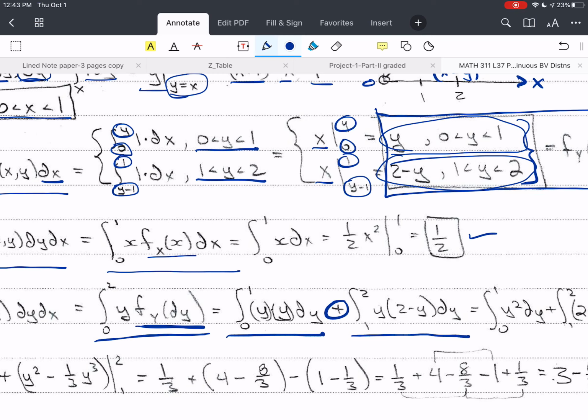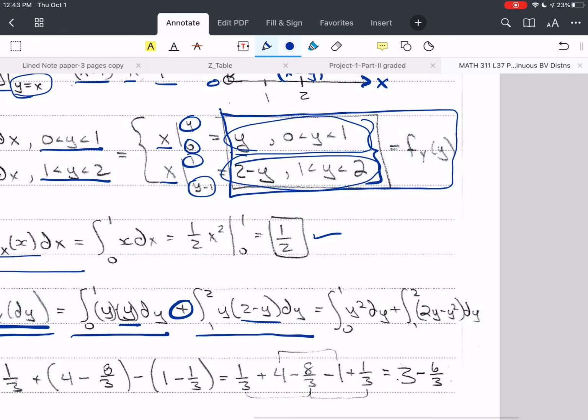So f of y between 0 and 1 is y, and f of y between 1 and 2 is 2 minus y. I combine the terms, and I get y squared dy for the first integral and 2y minus y squared for the second. You cannot combine those because you have different limits of integration.